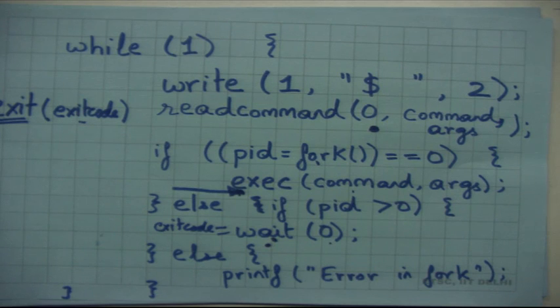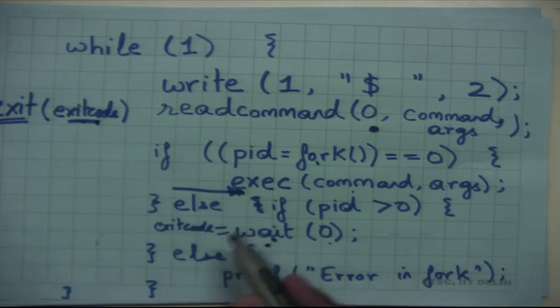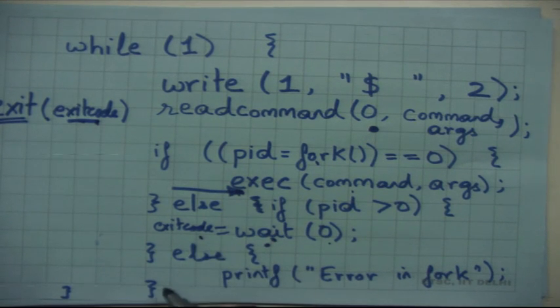So what happens if the child does not call the exit system call but crashes? For example, it touches illegal memory and causes a segmentation fault. Even in that case, the wait system call returns with the appropriate error code indicating what happened to the process. So either you will get the exit code as the return value, or you will get a special code which indicates that the process crashed and why it crashed.